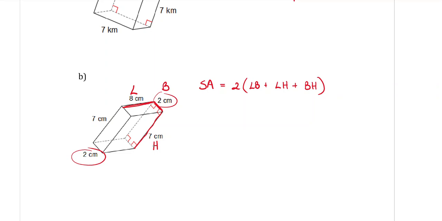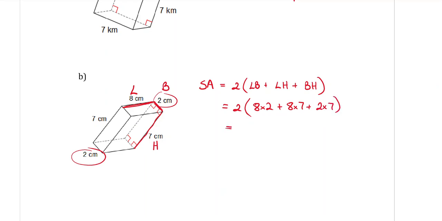So let's sub those in. 2 bracket L and B are 8 times 2 plus L times H is going to be 8 times 7 plus B times H is going to be 2 times 7.